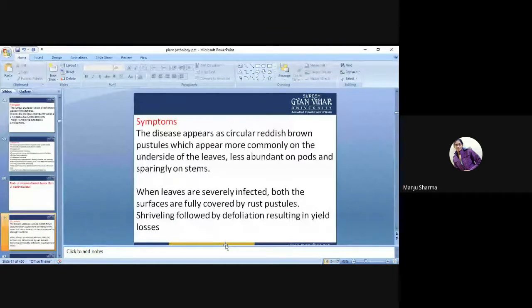Symptoms: the disease appears as circular reddish brown pustules which appear more commonly on the underside of the leaves, less abundant on pods, and sparingly on stem.